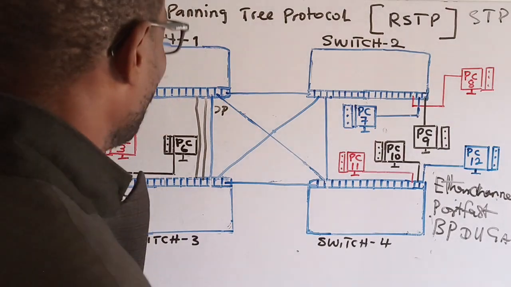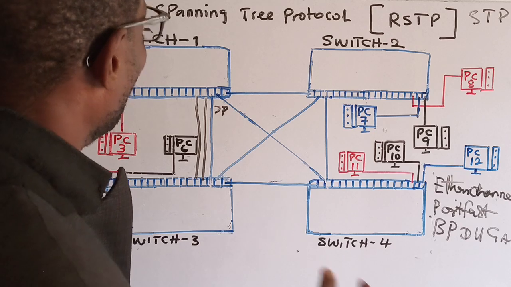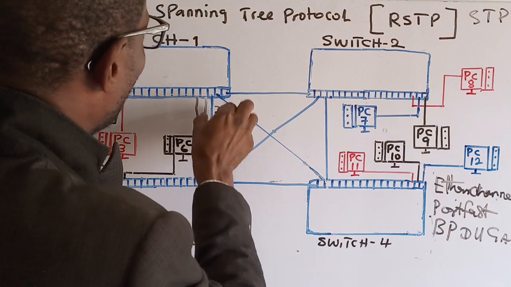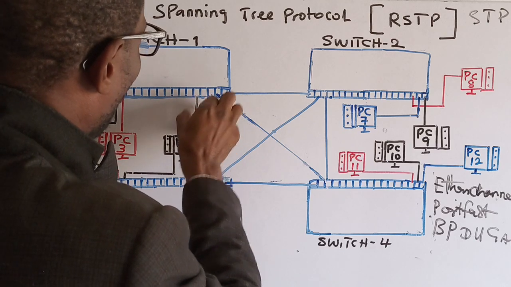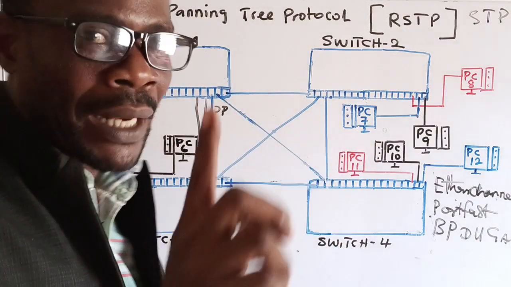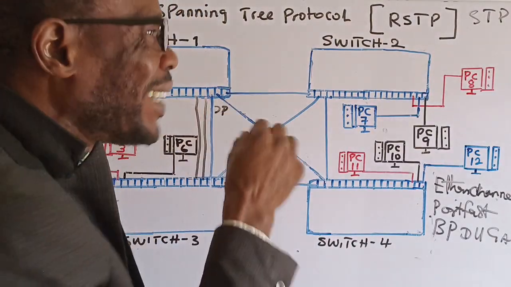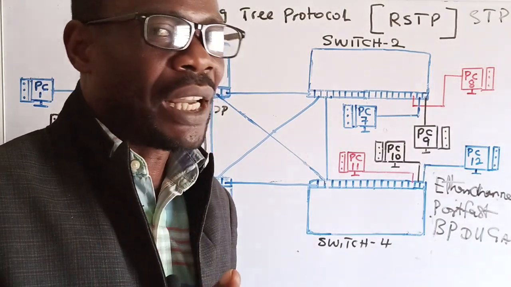So what you need to do is configure the EtherChannel protocol, where you combine these three links into one. So when one fails, the others are still on. There is no downtime here.